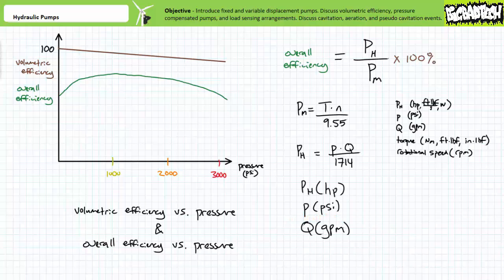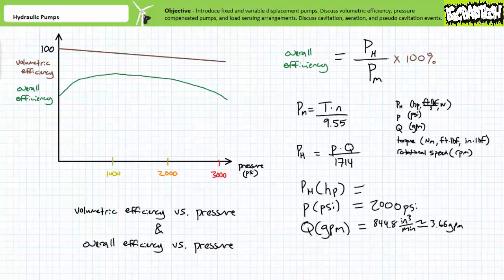To make our job easy, if pressure is expressed in units of psi, and flow is expressed in units of gallons per minute, hydraulic power in units of horsepower can be expressed as pressure, P, times flow, Q, divided by 1714. I would derive this for you, but it's not essential to our current topic of discussion. Therefore, I leave it as an exercise to socially maladjusted math freaks with lots of time on their hands to do so.